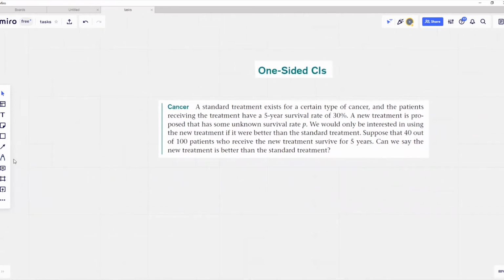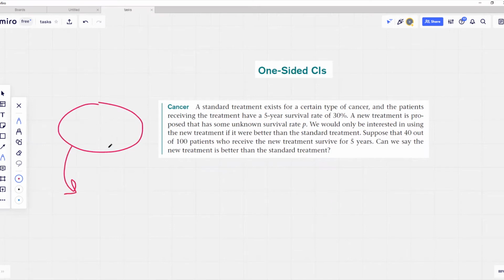So basically we have some population. We draw a sample, so this is for new treatment with unknown survival rate P. Then we draw a sample of 100 patients, n is equal to 100. These are x's.